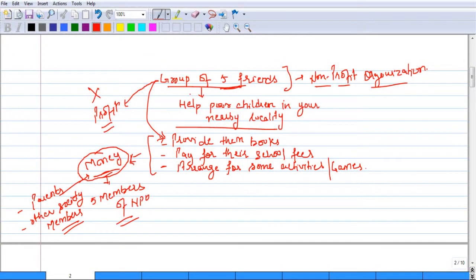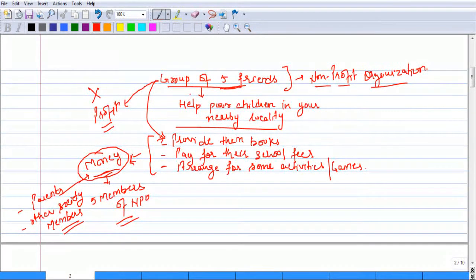You should give the account of where you got the money and where you spent it. Clear? That is what the government asks from non-profit organizations.